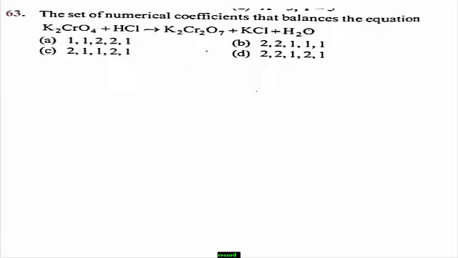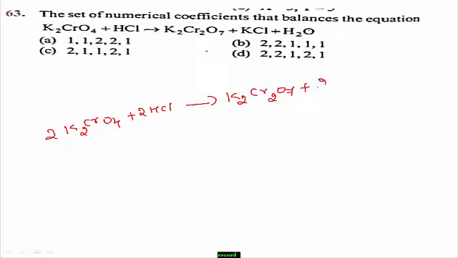Question number 63. Students, first I write the balanced chemical reaction. Here 2K2CrO4, when it reacts with 2HCl, gives K2Cr2O7 plus 2KCl plus H2O.